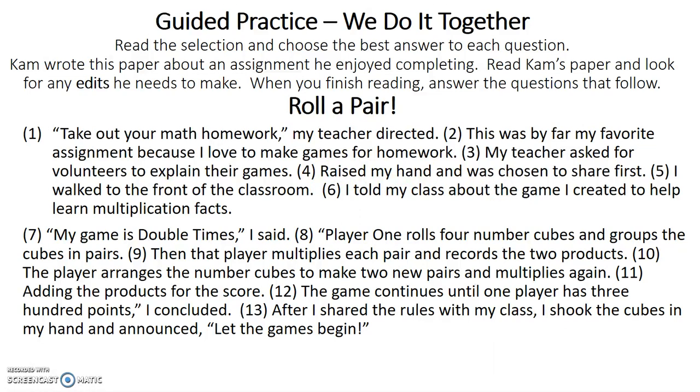So which answer choice would be a correct way to rewrite? I want you to turn and talk to a neighbor. Would it be A, B, C, or D? Teacher, stop the video at this time to allow students to choose the right answer and justify their choice.